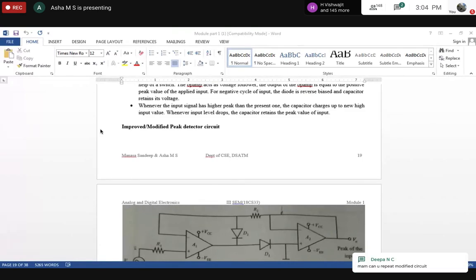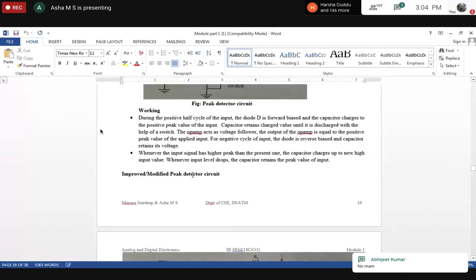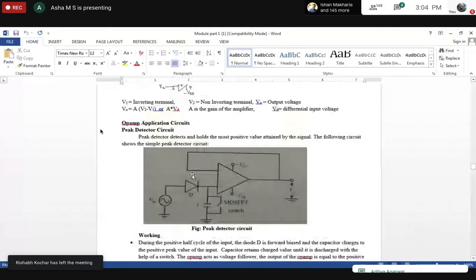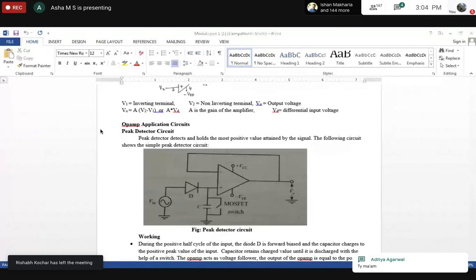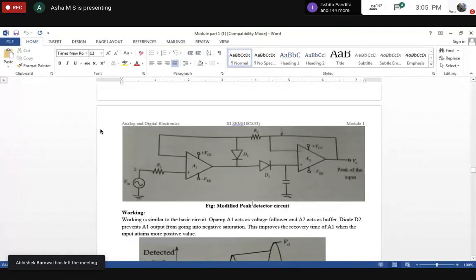If you don't have any doubts, I think we can wind up for today. In the next class, let's start with the Schmitt trigger. Okay, wait. Can you repeat the modified circuit? Yes, Deepa, I can repeat the modified circuit.